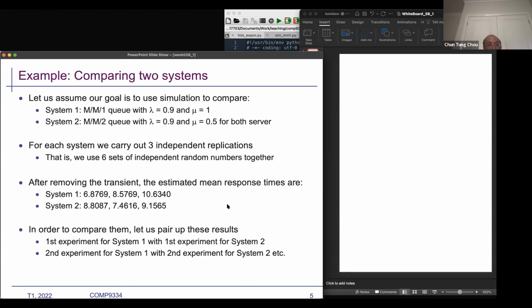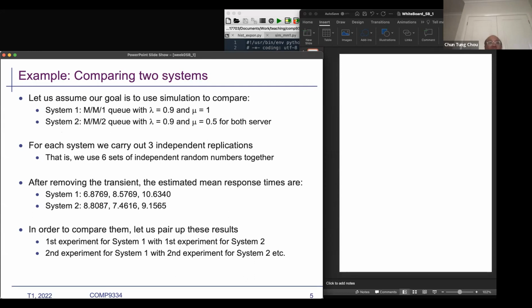Now, we will continue to use this example of an MM1Q and an MM2Q throughout this lecture. We are going to see how we can compare these two systems. We said that we are going to do the comparison by using simulations. So we have written these simulation programs.